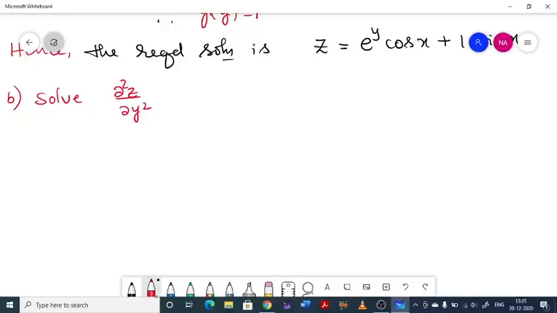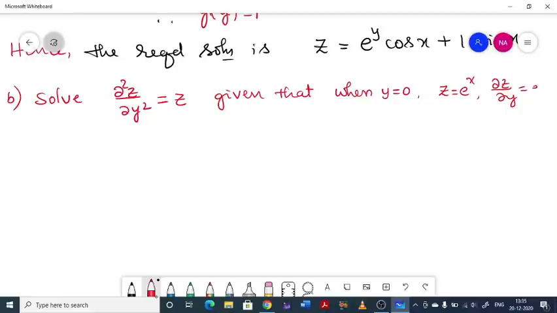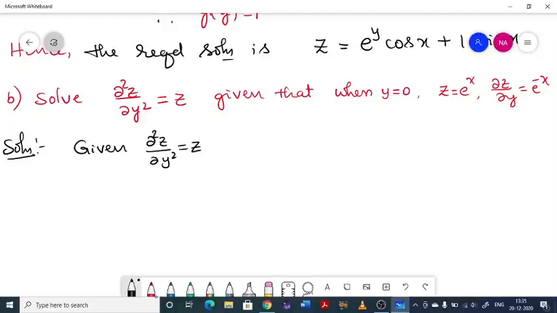Dou square z by dou y square equal to z, given that when y equal to 0, z equal to e power x and dou z by dou y equal to e power minus x. Solution. Given, again first write the given thing. Given dou square z by dou y square equal to z.